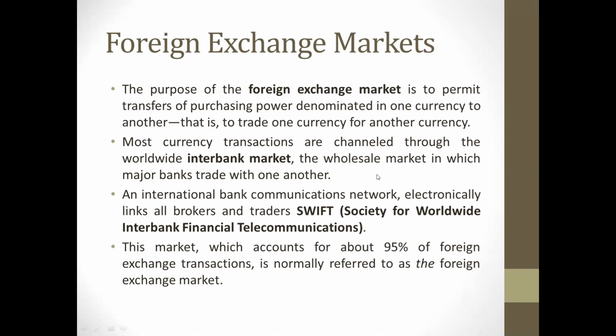Commercial banks and specialized banks play a major role in the foreign exchange market. This interbank market we normally call SWIFT.